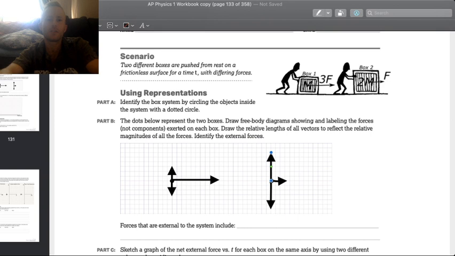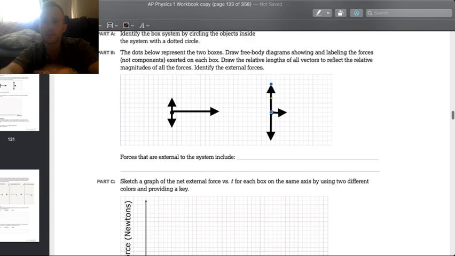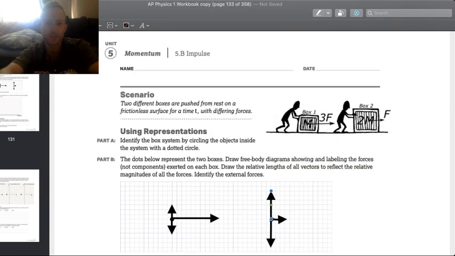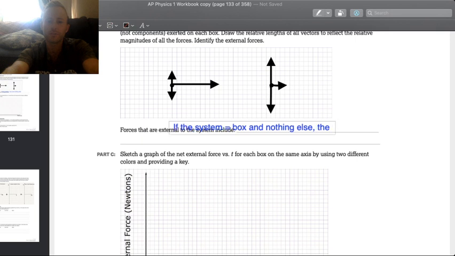So now it says the forces that are external to the system. So I don't even see where it says what the system is. That's irritating. But if the system equals the box and nothing else, the external forces are all of them.